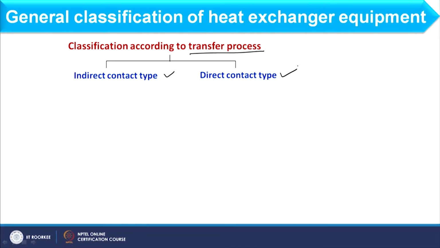Now what is the indirect contact type? We also discussed that previously: when I have a separating wall between two fluids, the heat transfer is basically indirect. Indirect means there is no mixing between the two fluids, no direct contact between the two fluids.